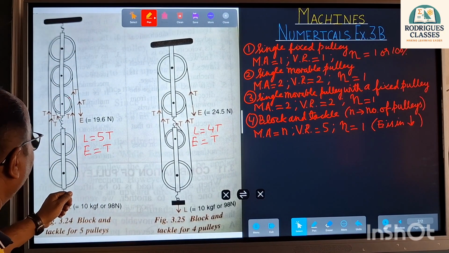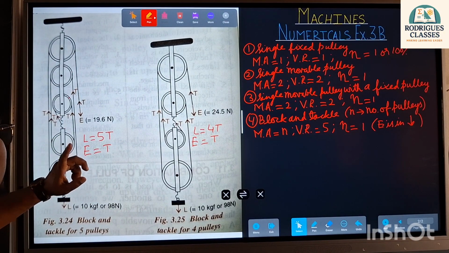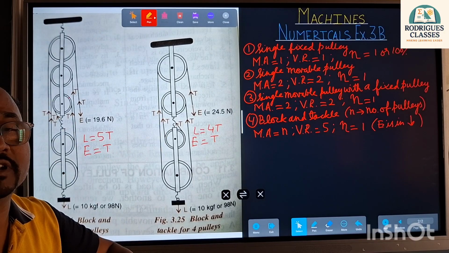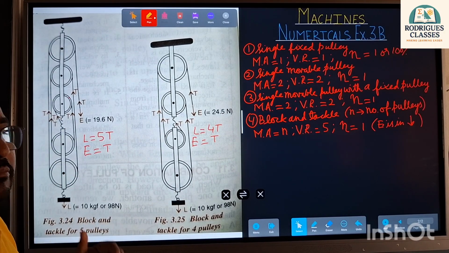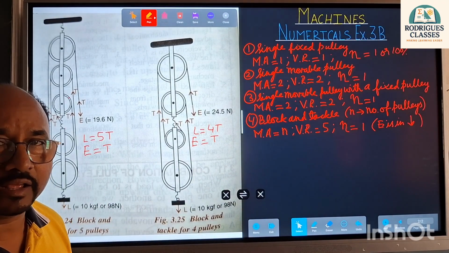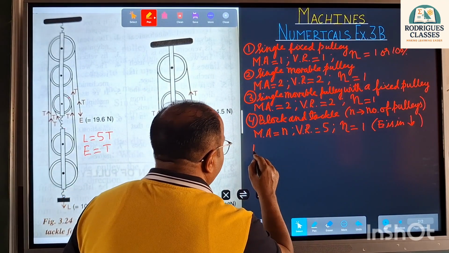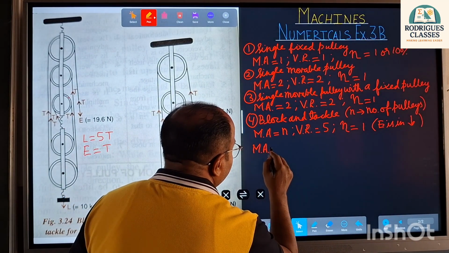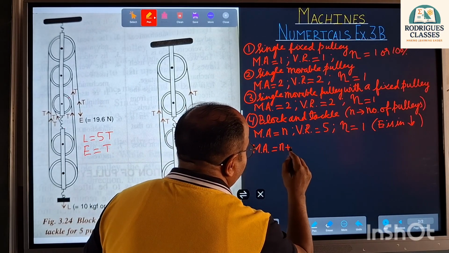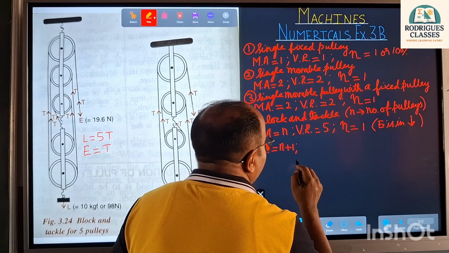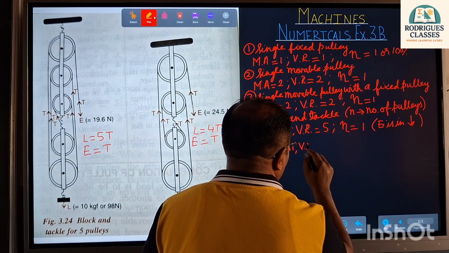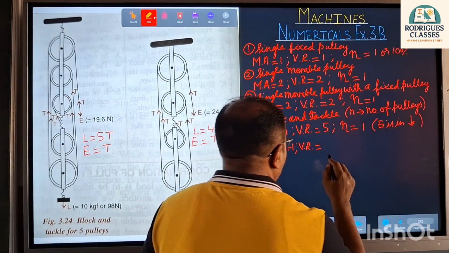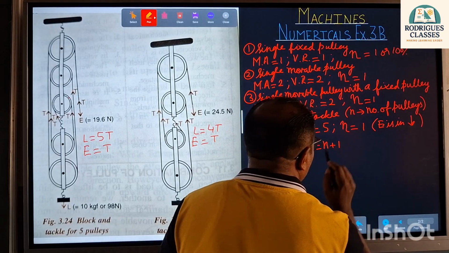As a result, when effort comes in the upward direction, another strand extra will come which will balance the load. As a result, what will happen? Mechanical advantage will become 1 extra. So I write here mechanical advantage will become N plus 1. Same way, velocity ratio will become N plus 1.